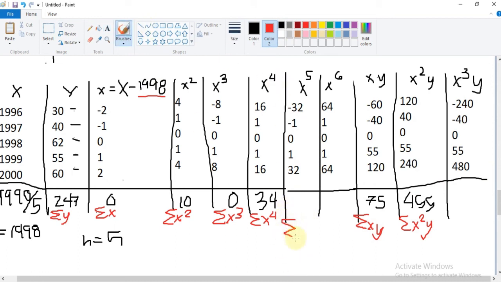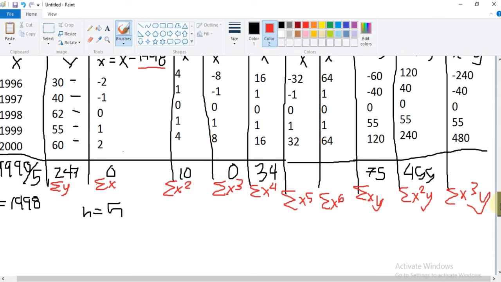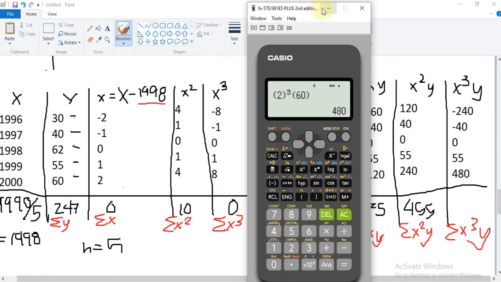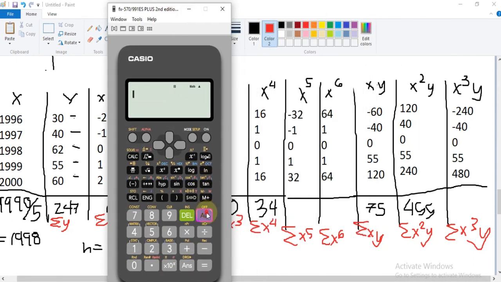So this is the summation of x to the power of 5, then the summation of x to the power of 6, and then the summation of x cubed times y. That's easy, right? So we add them, guys. Negative 32 plus negative 32, negative 1 plus 0 plus 1 plus 32 equals 0.